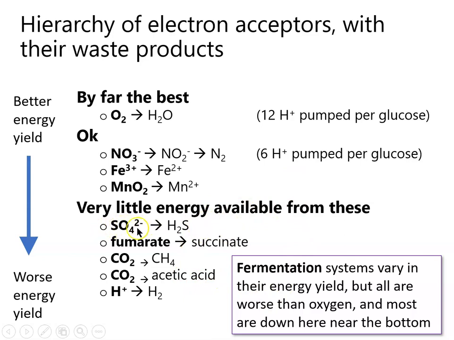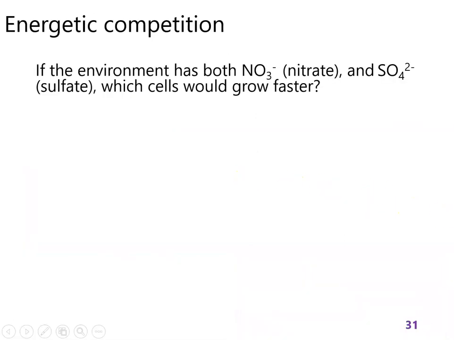So sulfate reduction would happen around the same time fermentation would happen. So while some organisms have resorted to using these for anaerobic respiration, others would just do fermentation. But if you have any of these in the environment, and definitely if there's oxygen, there won't be any fermentation at the same time because the fermenting organisms can't compete.